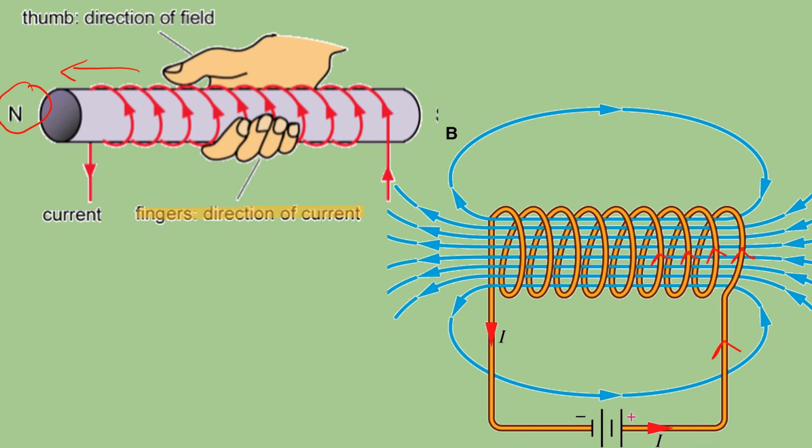This is the direction of the current flow through the coil, or the solenoid. Then the thumb will be pointing towards the left. So the left side should be north and the right side should be south. The magnetic field lines will point away from north and towards the south.